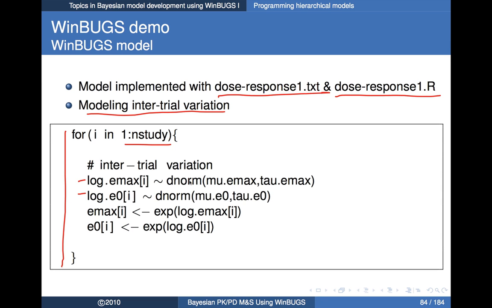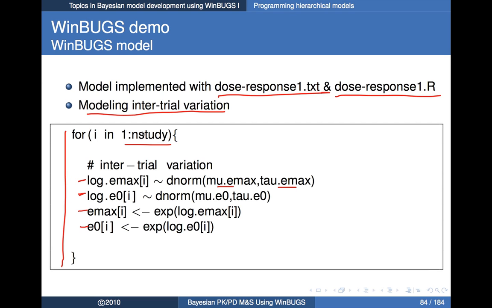For whatever reason, dlnorm seems to be sampled differently, and I usually find it runs slower. So log.emax, representing the log of Emax, is going to be distributed normally with some mean and some precision. Same deal for log E0, and then I just convert back, taking those log quantities to generate the trial-specific values of Emax and E0.